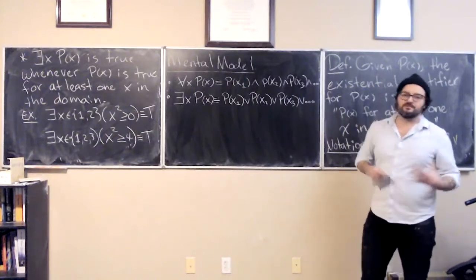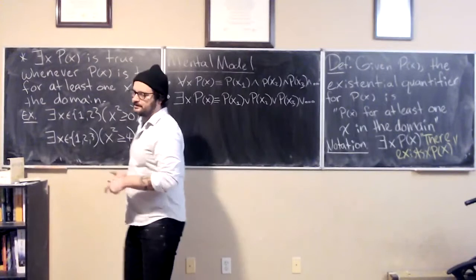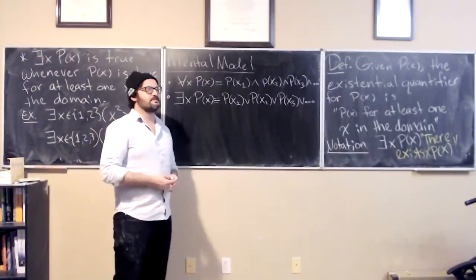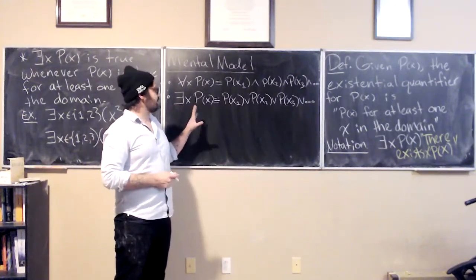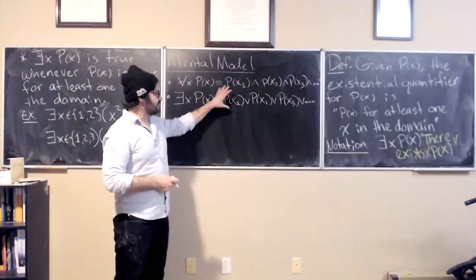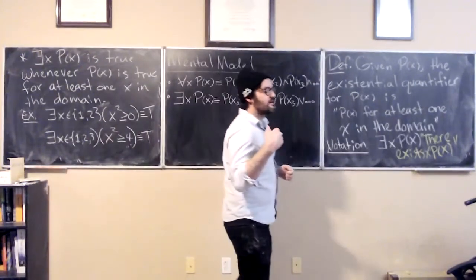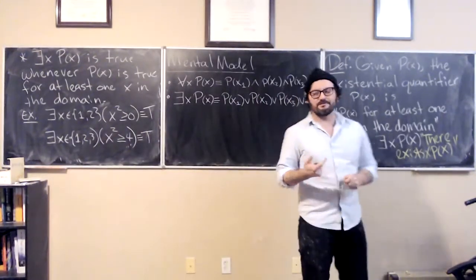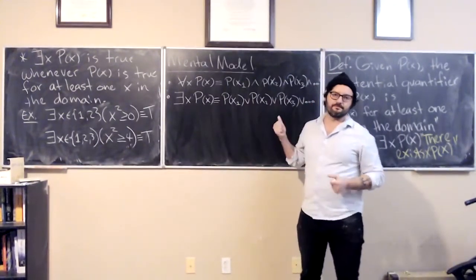Now, I say a mental model and not exactly because of a detail that I would feel bad not mentioning. If we had a finite set of elements in the domain, this is exact, perfect. If we had a countably infinite set of elements in the domain, which we'll learn what that is in a few weeks, then this is okay.